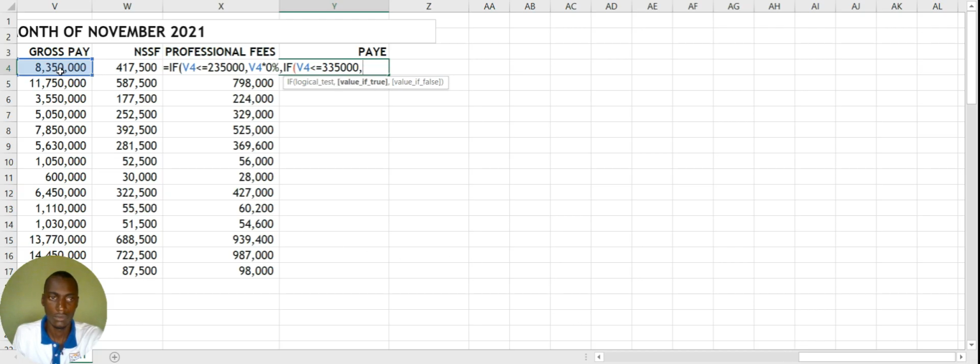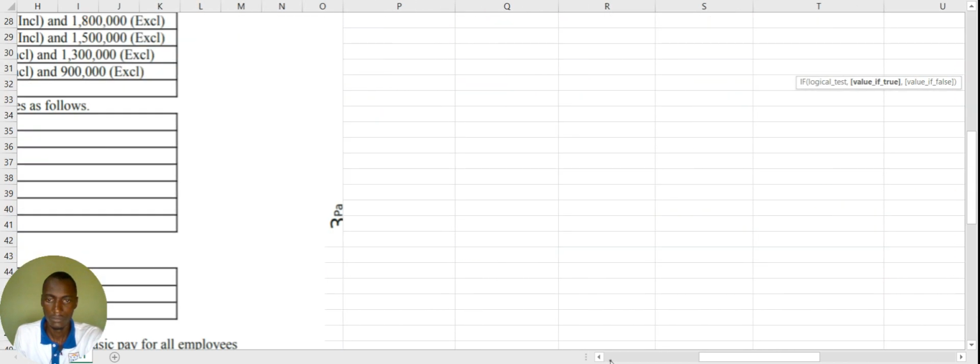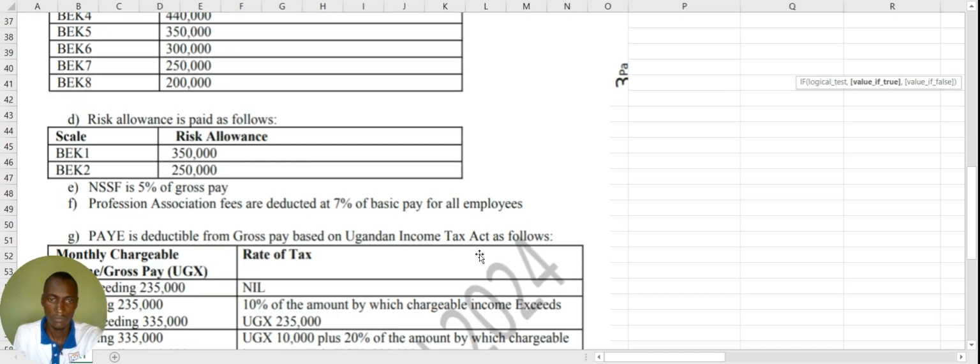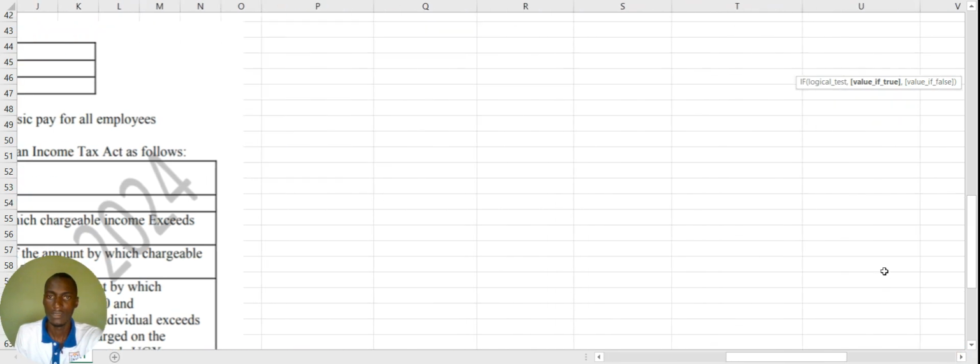The pay as you earn will be the gross pay times what? What's the rate there? 10% of the amount by which chargeable income exceeds 235,000.